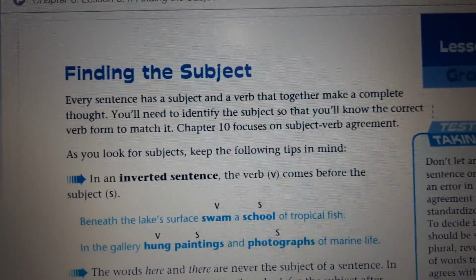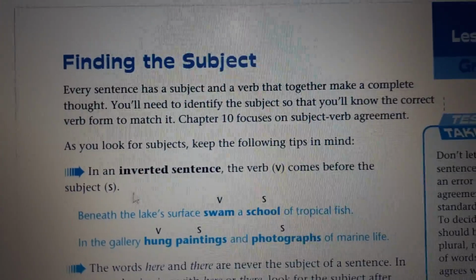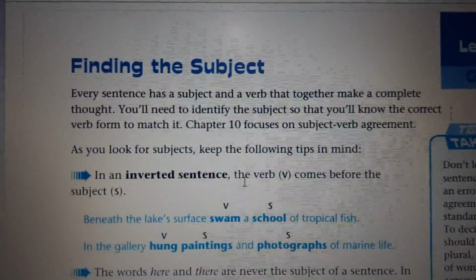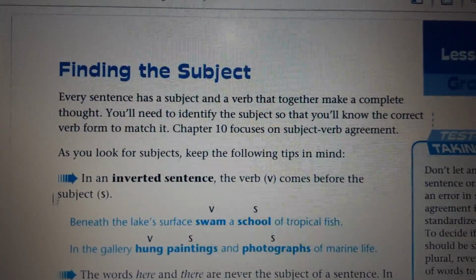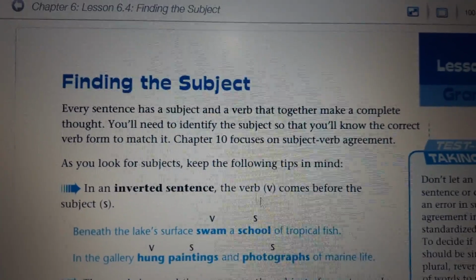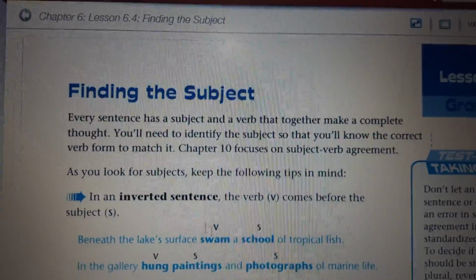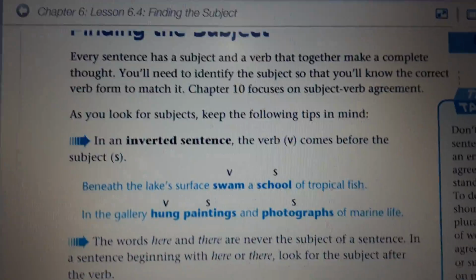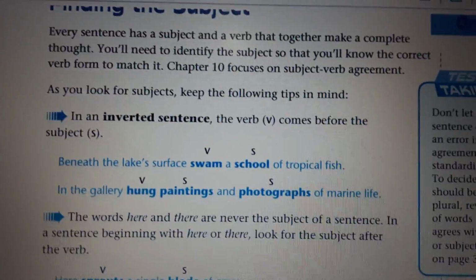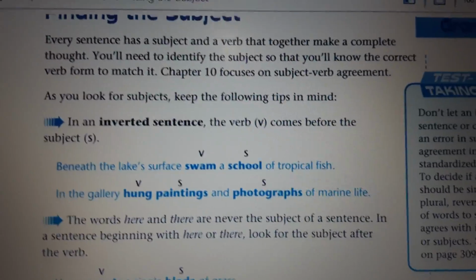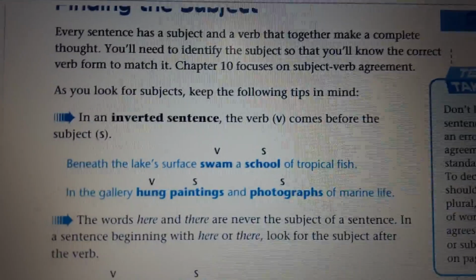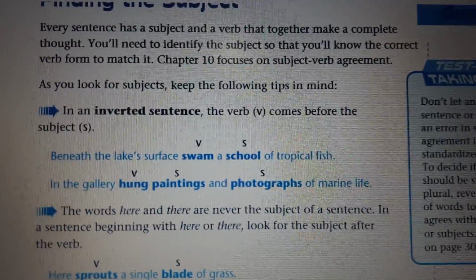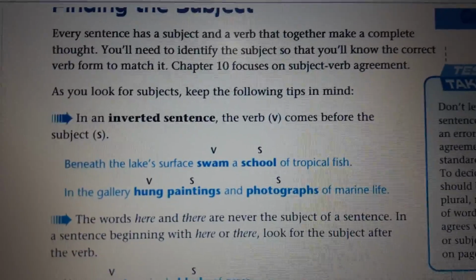Okay, so first of all, we have, in an inverted sentence, the verb comes before the subject. Here, V for the verb and S for the subject. Okay, so you guys don't be confused. So here we have the verb before the subject, which is correct, not wrong at all, but you have to pay attention so you can find the subject and you can find the verb.